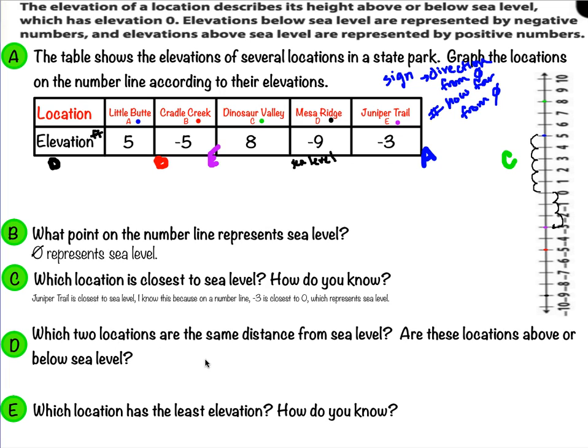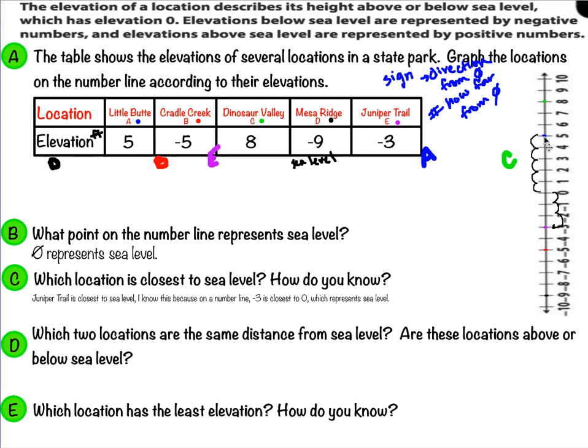Okay, which two locations are the same distance from sea level? So now here's where it's really important to know what we're talking about and what's going on. You're talking about how far away something is from 0, and now you want to know two things that are the same distance. Well, in order to be the same distance and both be positive, there would have to be multiple points on this line, and there's not.